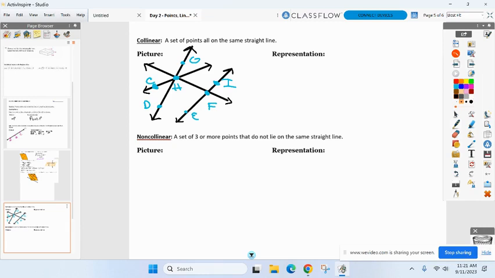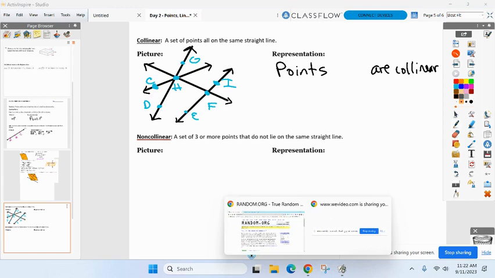All right, here's what I need from somebody. Give me three. I don't want two. We're at honors level here. Three points that are collinear. So points blank, blank, blank are collinear. Give me 3 points in my diagram that are collinear for me.